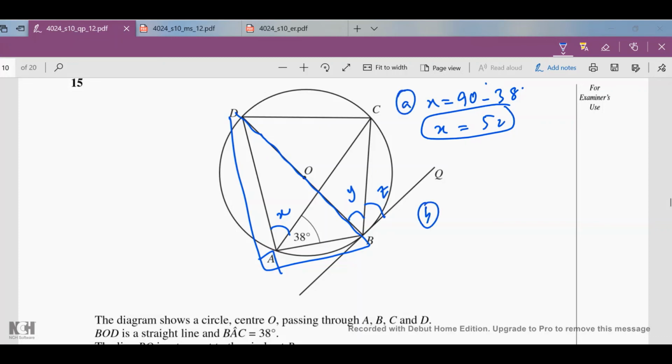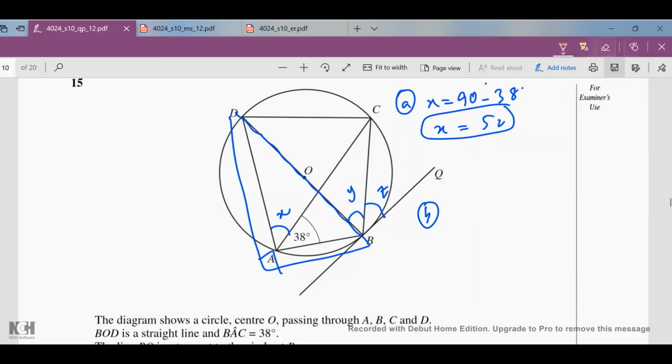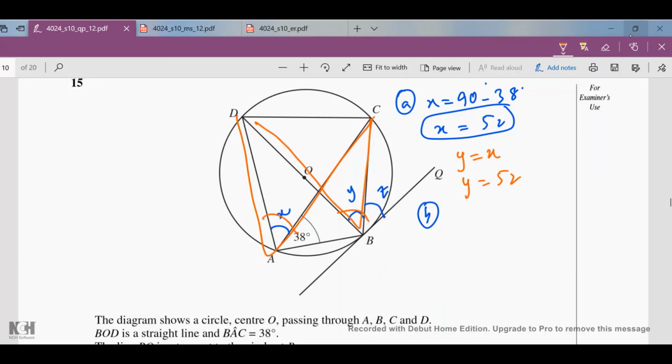The B part is to find y. Angles in the same segment, like this part and this part. So y is equal to x, and x is equal to 52. So y will also be 52.